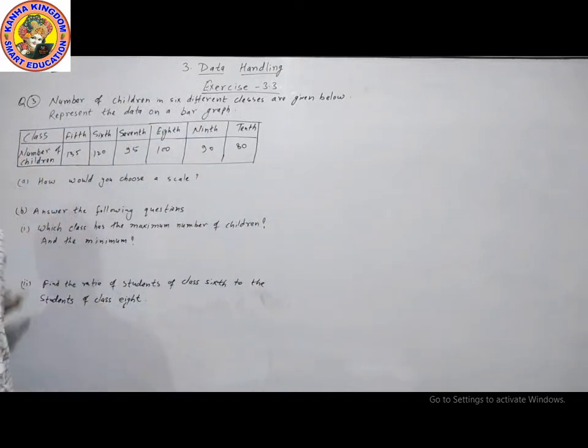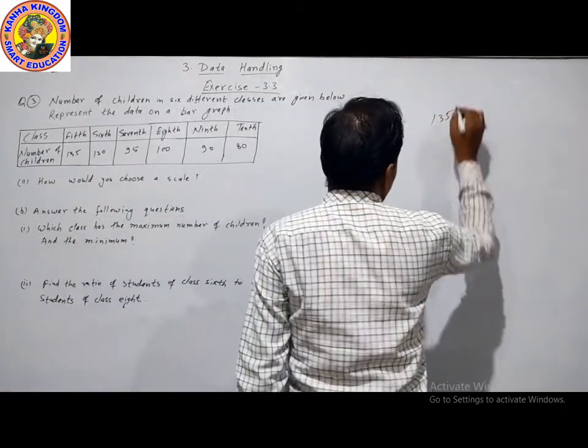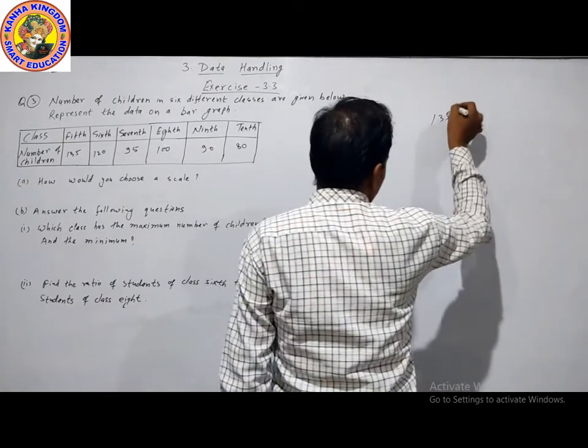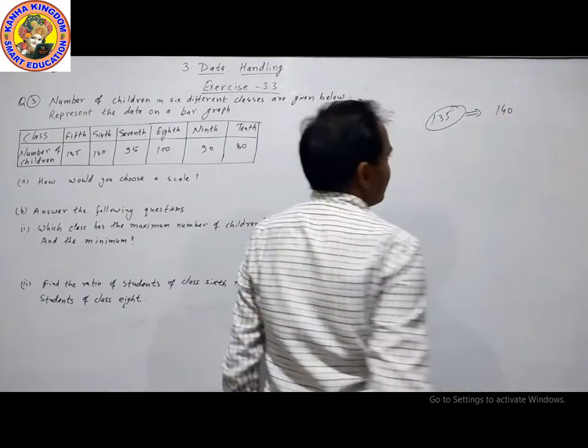The maximum value of this table is 135. If we round this figure, the upper value is 140.